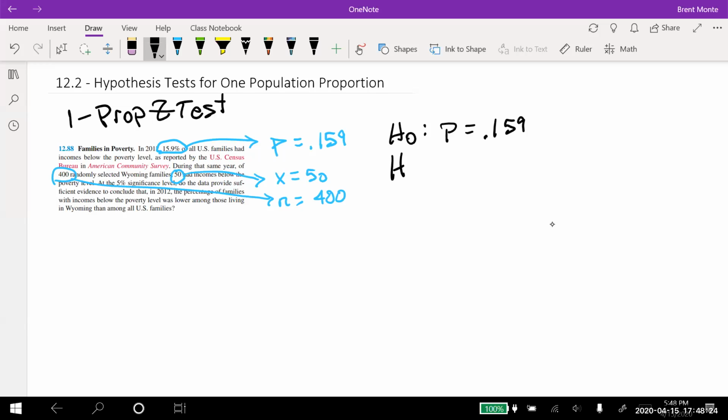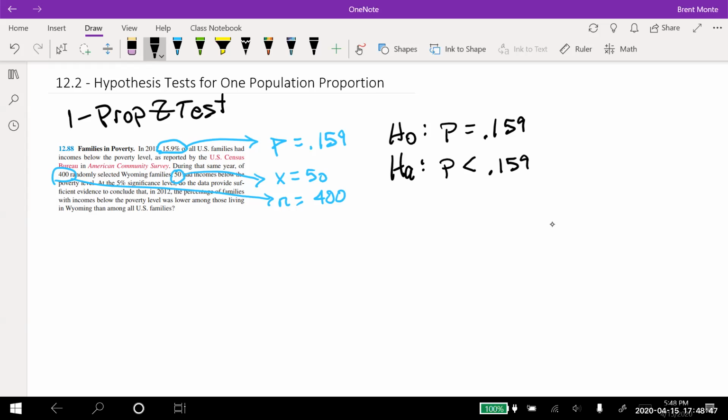The alternative is answering the question, and the question says, is the percentage of families with incomes below the poverty level lower among those in Wyoming? So the population percentage in Wyoming, is that lower than 0.159? And again, you could put those as percentages.